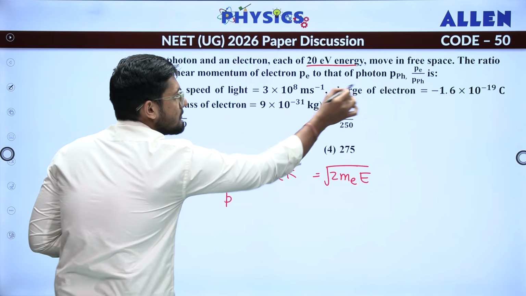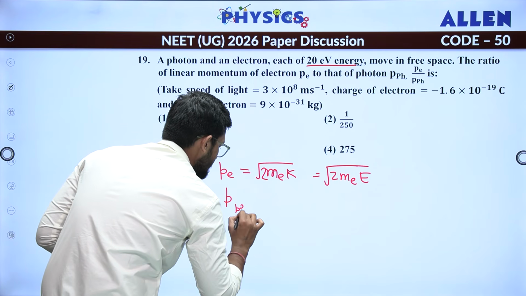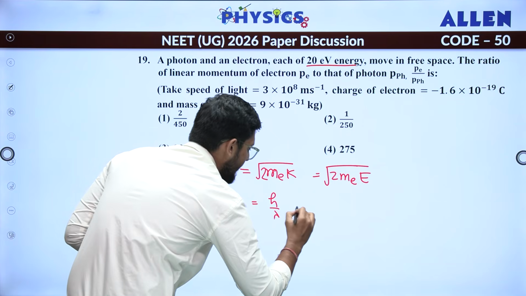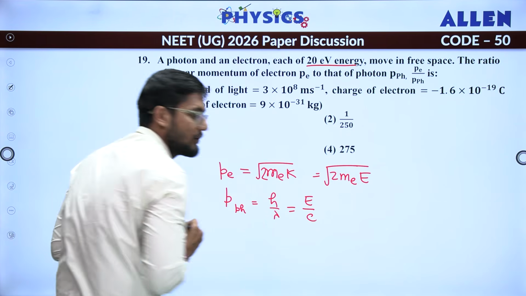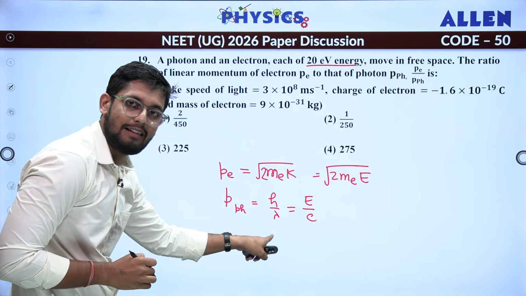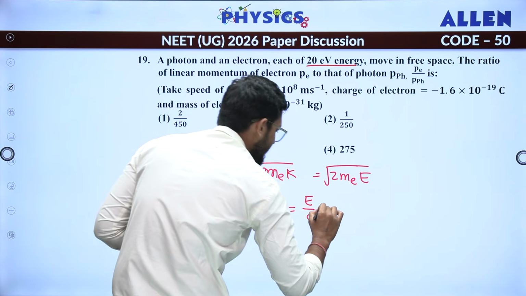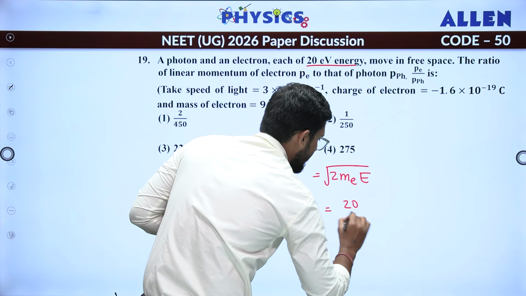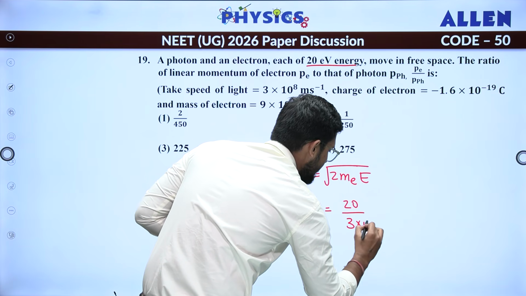P of photon will be h by lambda, and you can write that as E by c also, because E is equal to hc by lambda. So in this case, you'll write 20 by 3 into 10 to the power 8.